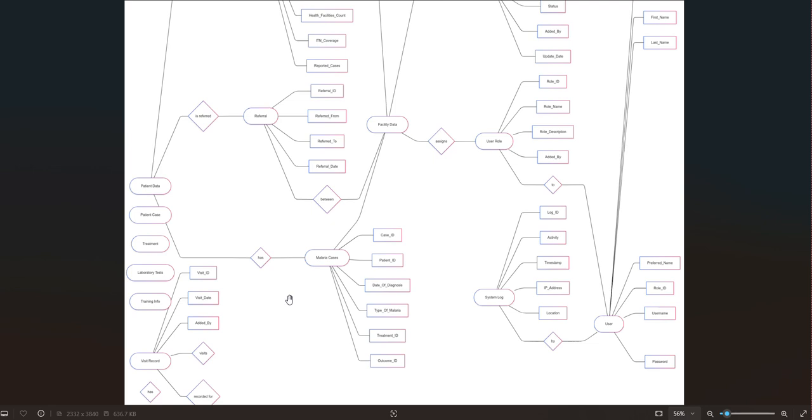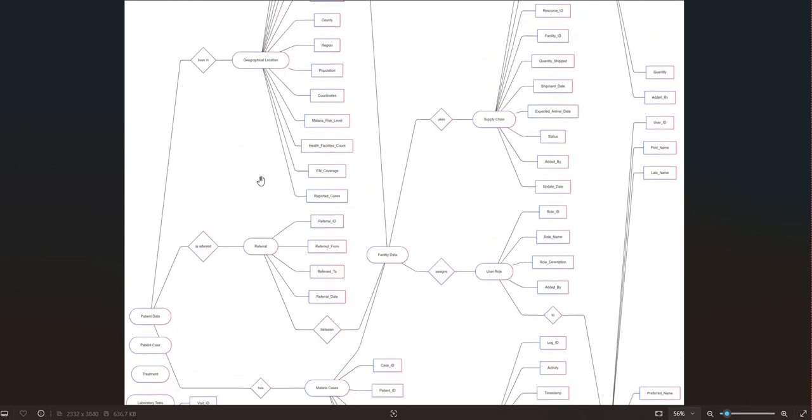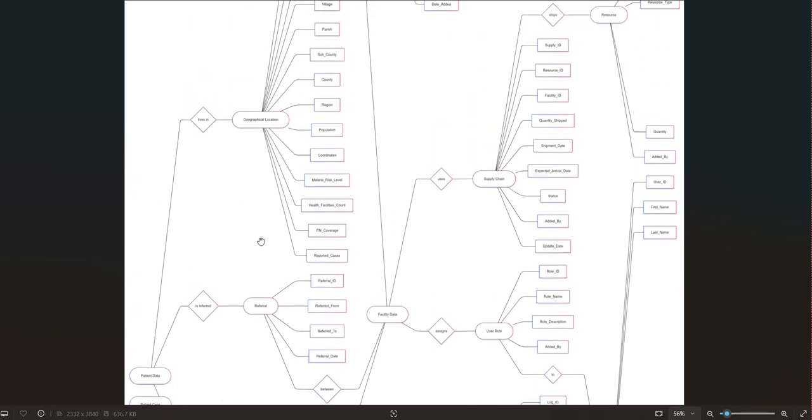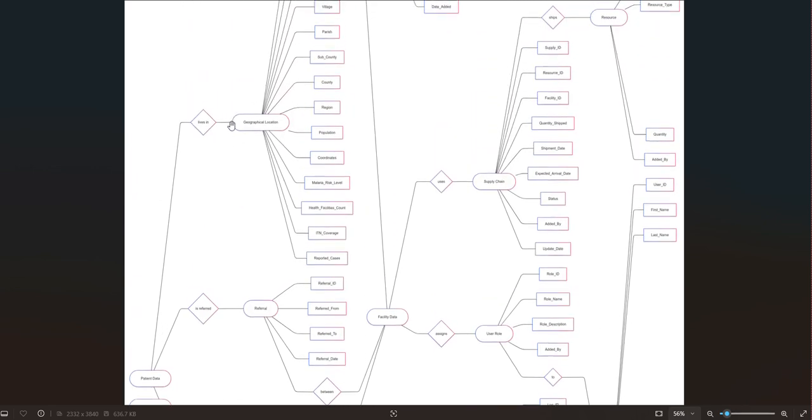For example, when a patient visits a healthcare facility with malaria symptoms, these three elements will come together to create a complete picture of how they are cared for. One of the interesting aspects of this system is how it handles geographical data. Every patient and facility is connected to a location, which is noted in the system via this geographical location attribute.